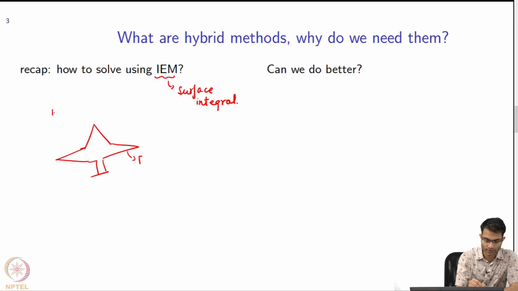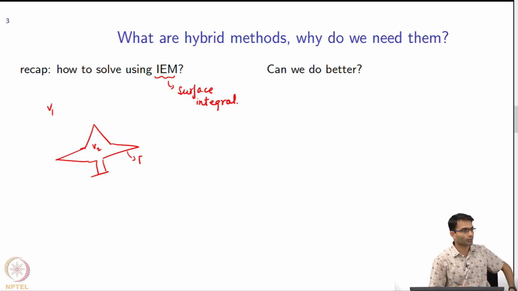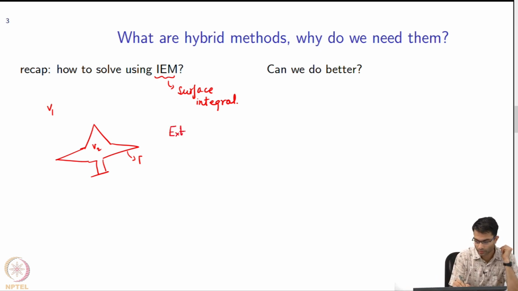Let us say outside it is volume 1, inside it is volume 2. We had come up with a couple of equations. What was the name of those equations? Extinction theorem, right. So we use the extinction theorem.